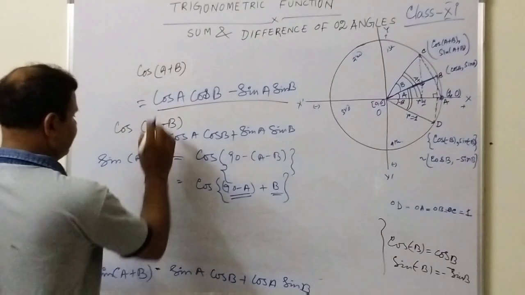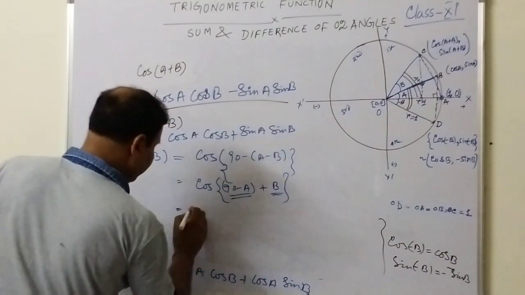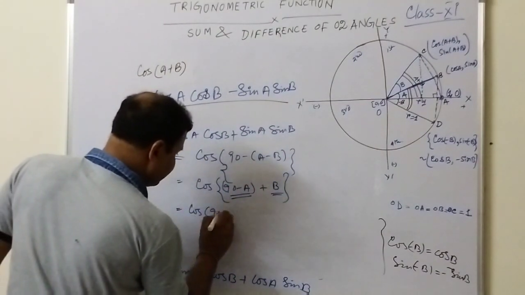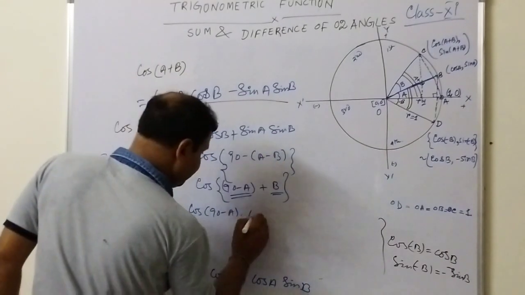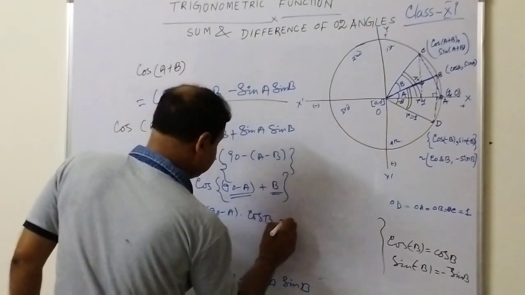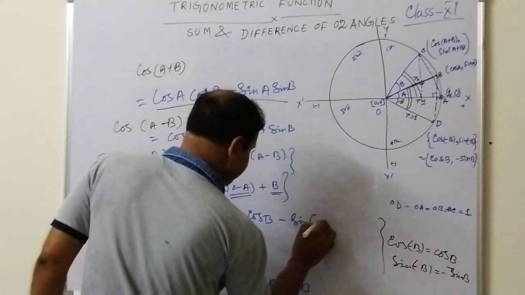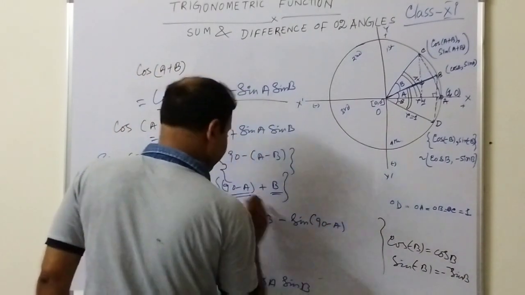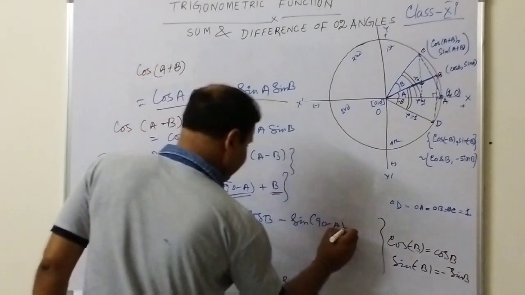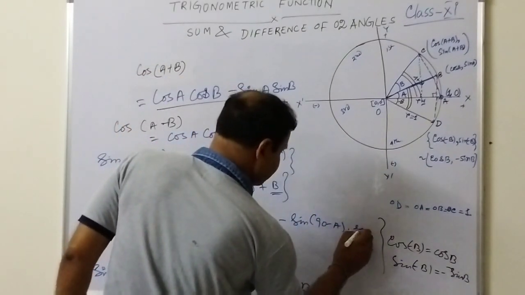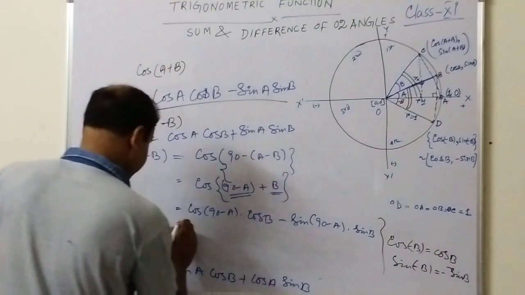So from this, again using cos(A plus B), you can replace this one: cos A becomes cos(90 minus A), and this is cos B, then minus sin(90 minus A), and this is sin B, because this is B only.